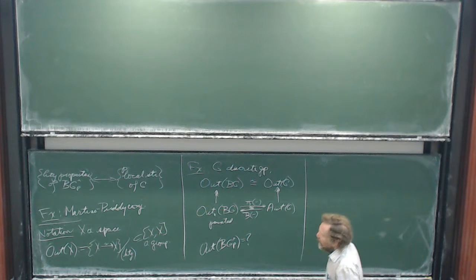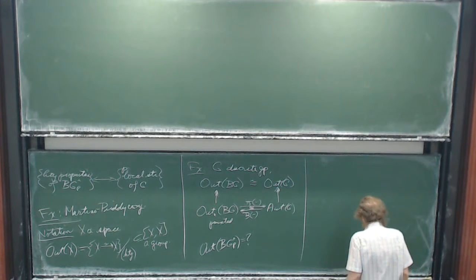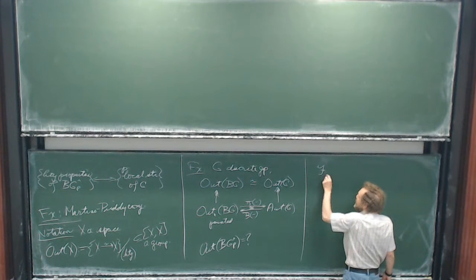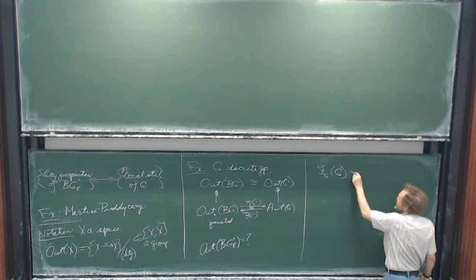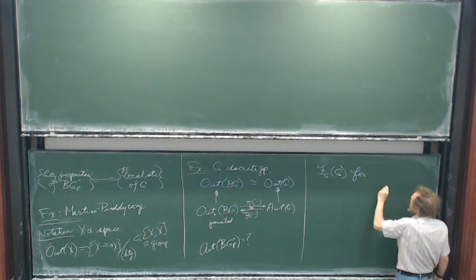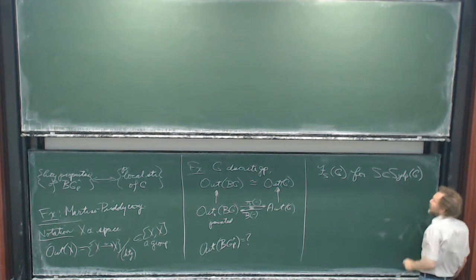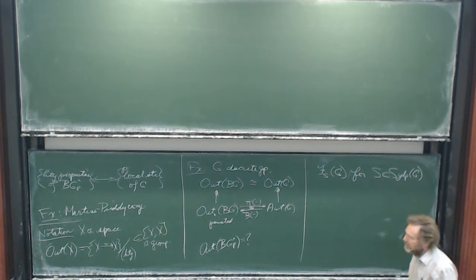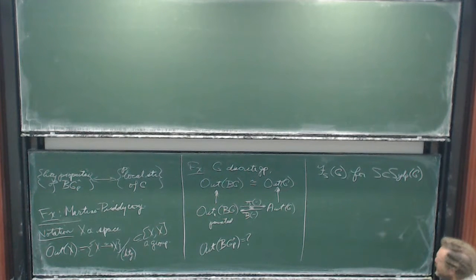Okay, so now on the other side, the p-local structure of G, well, again, I'm not going to repeat the definition of the fusion system for G. But I think I will repeat the definition of the centric linking system for G, since that was defined once fairly quickly.